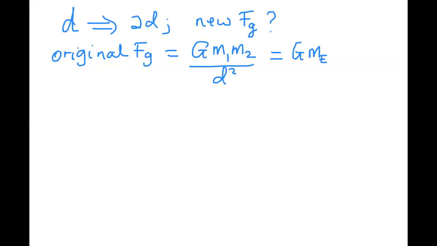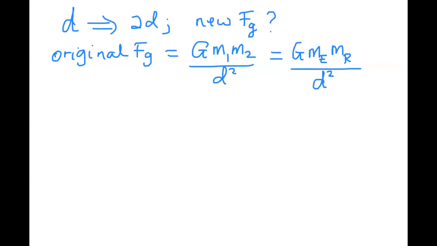Our m2 will be the mass of the rocket, m sub r, divided by distance squared. Remember, the distance is between the centers of mass of the objects involved. In this case, it is from the center of the Earth to the center of the rocket. So this is the original Fg.